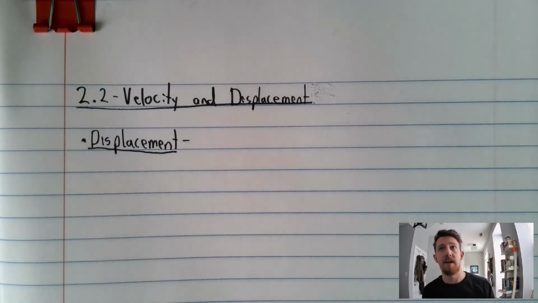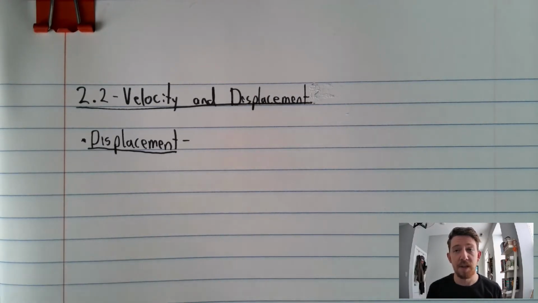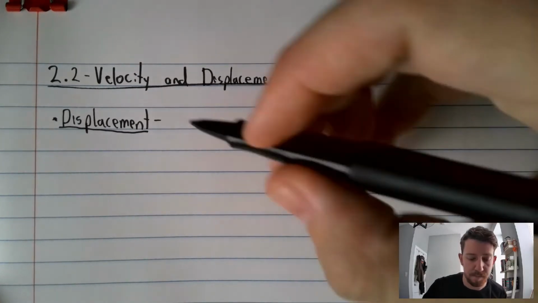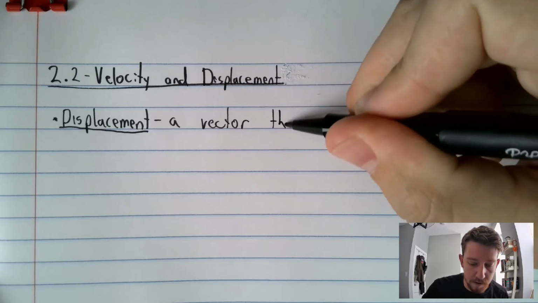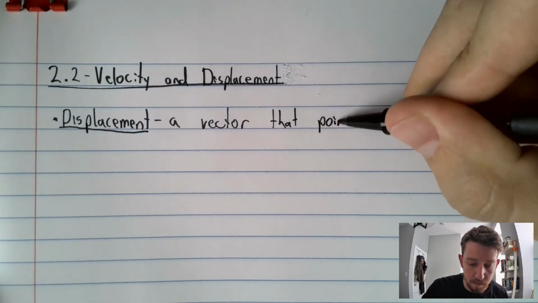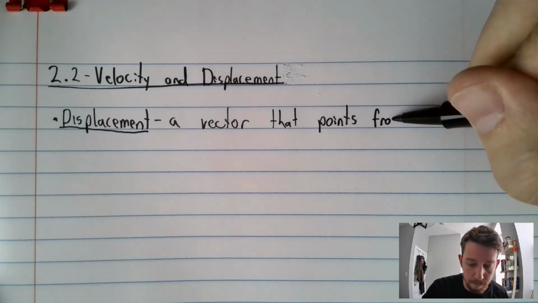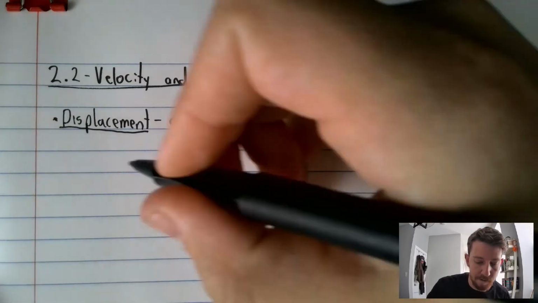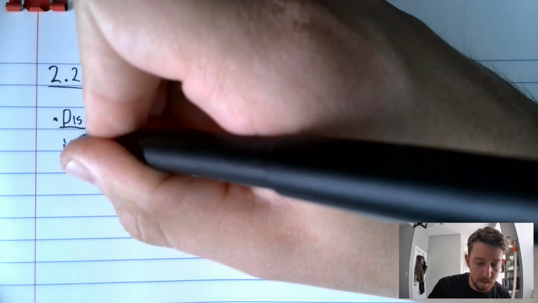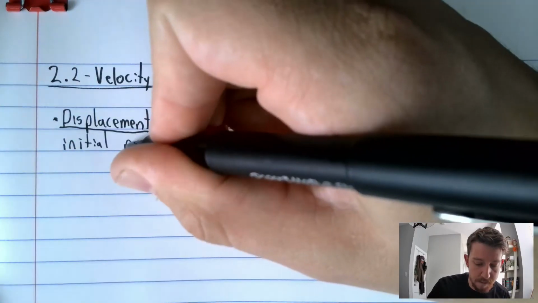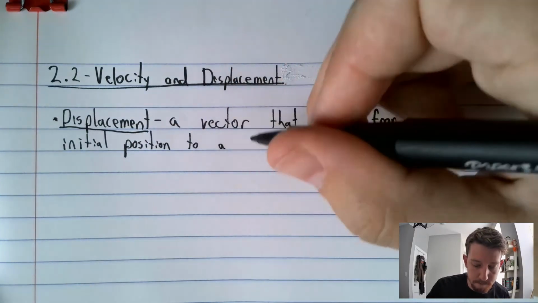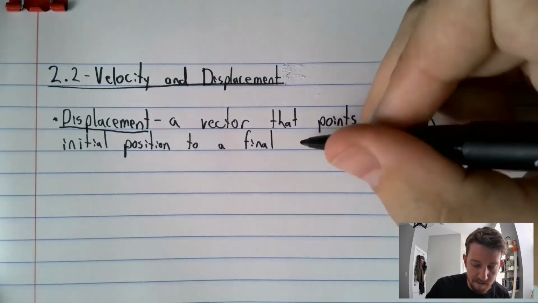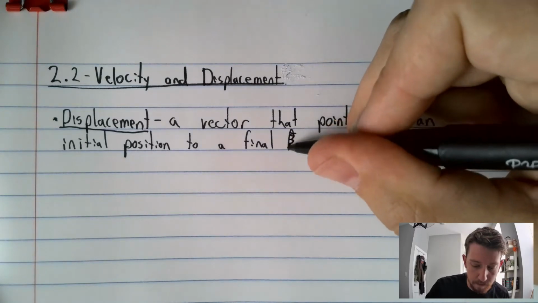Displacement I have defined here as a vector that points from an initial position to a final position.